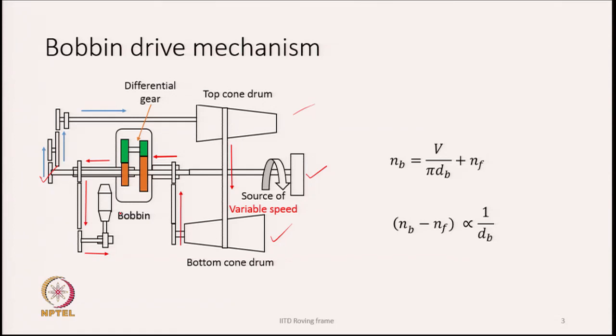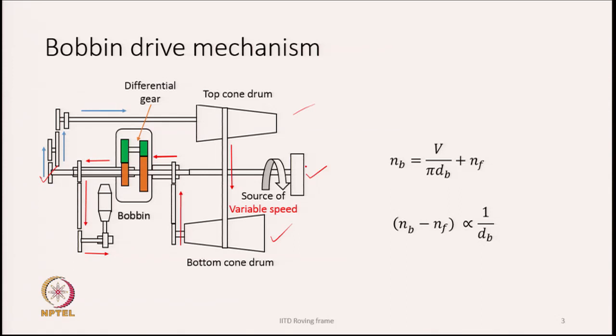So, the speed to the bobbin is a resultant of the speed that it receives from the cone drums, which is the variable part, and a speed that it receives from the main shaft, because the housing of the differential gear is also turning at the speed of the bottom cone drum, but the main gear here is rotating at the speed of the main shaft.